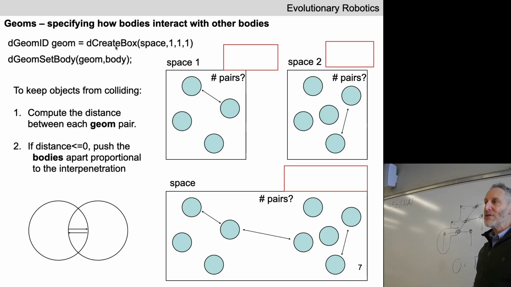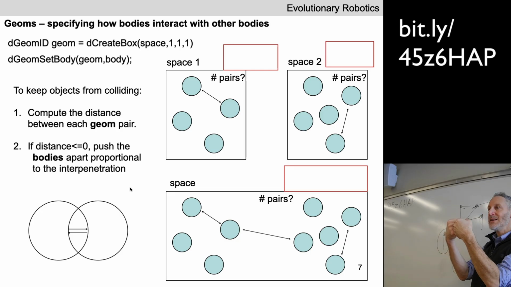Part of the reason why physics engines separate the physical or inertial description from the geometric description of objects is that one of the main things, and the most computationally intensive part, of a physics engine is dealing with collisions, determining whether objects have come into contact with one another and what to do with those objects when they come into contact.